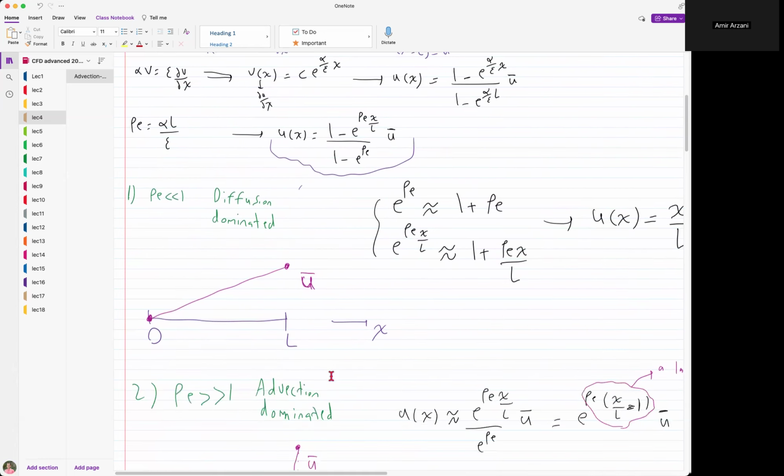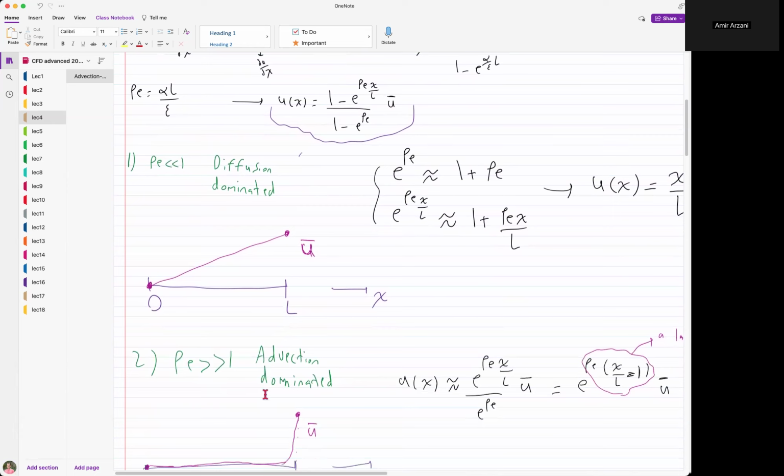Now, it turns out in most fluid flow problems, the Peclet number is quite large, and you have advection-dominated flows. This even happens in microscale flows, because even where you have a small length scale L, for many chemicals, for example in mass transport, the diffusion coefficient epsilon is quite small for diffusivity in liquids like water.